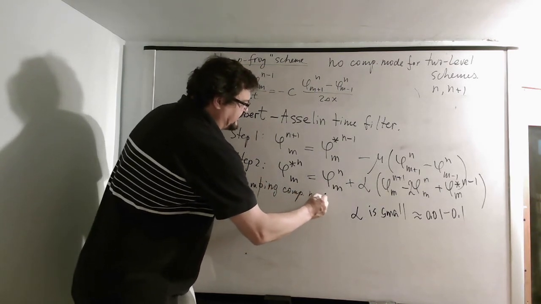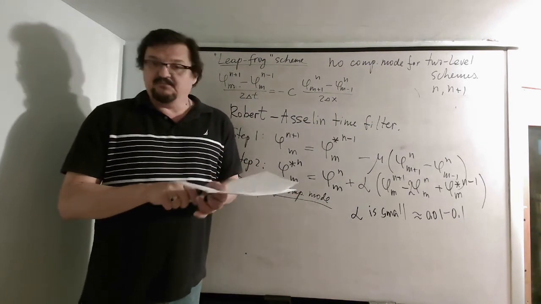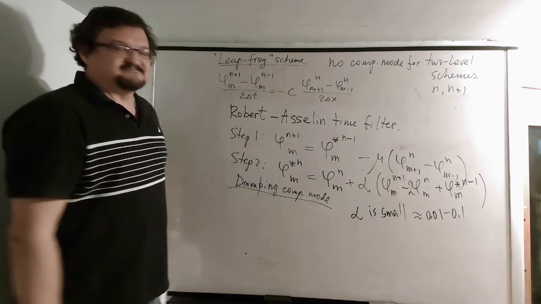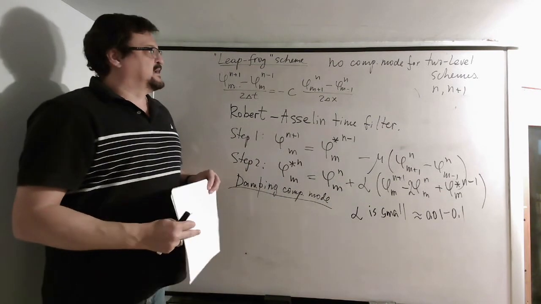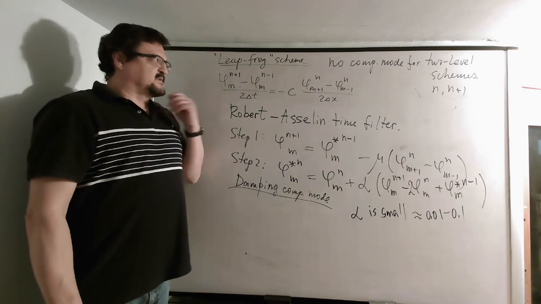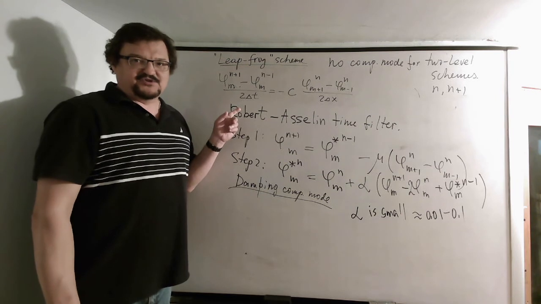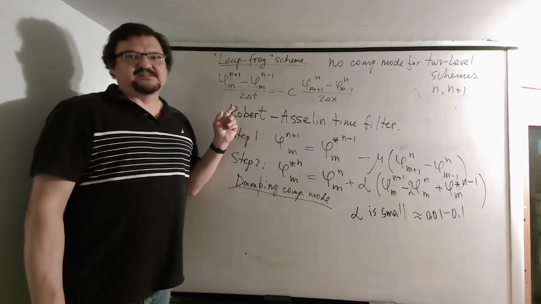And that's one of the reasons I don't like the leapfrog scheme in my research, in my modeling, because of this kind of behavior. I prefer to find different schemes that already have damping of computational mode as a part of the scheme itself.